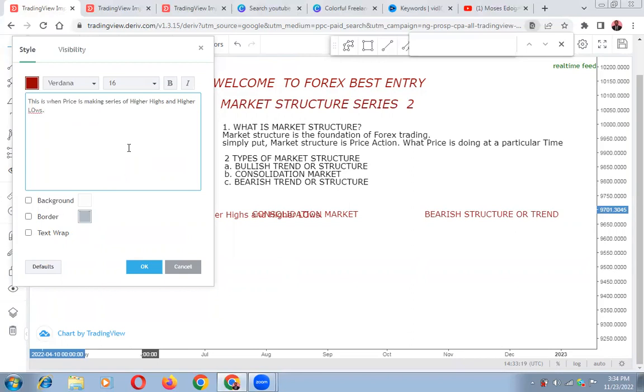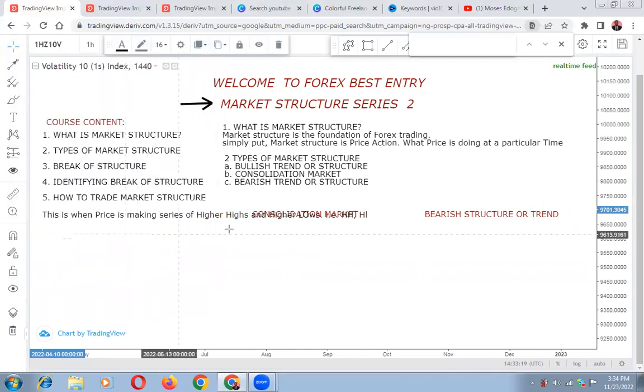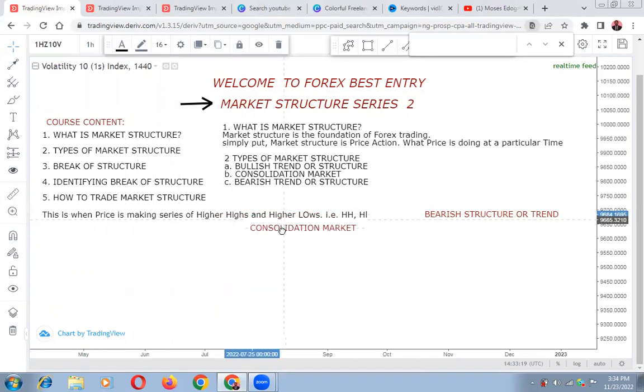So we can say, for short, higher highs and higher lows. This is what we term as a bullish structure or an uptrend.